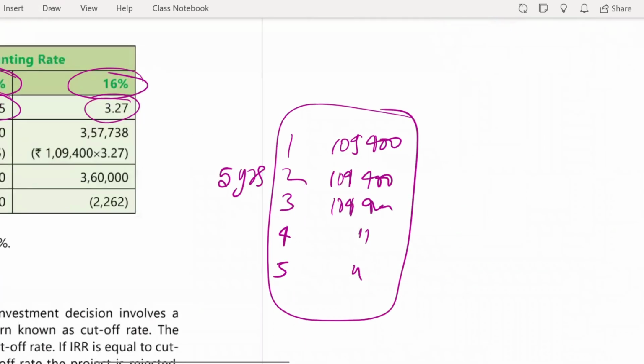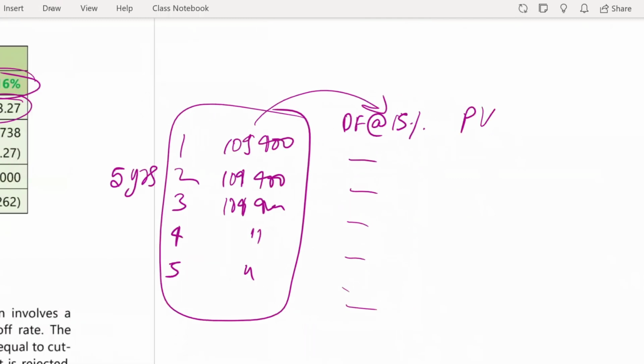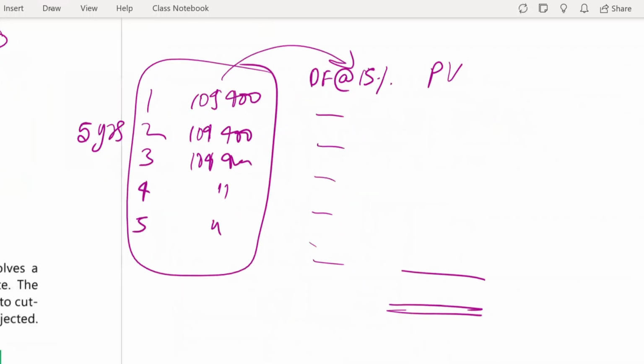Usually, if you are taking a rate of 15%, you will write all the discounting factors and then find out your present value. But here, rather than doing that, they have given you a total of all these present value factors.